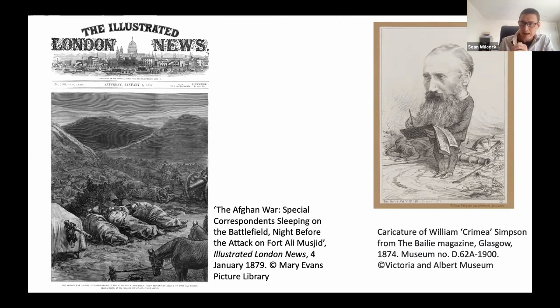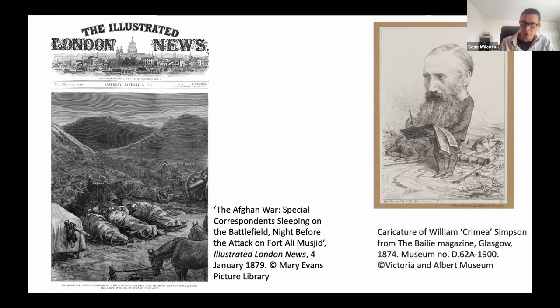If we see here on the left, a front page illustration from the Illustrated London News during the Second Anglo-Afghan War of 1878 to 80. And it's from their man on the spot, William Simpson. And he's advertising here his embedded status on the campaign.